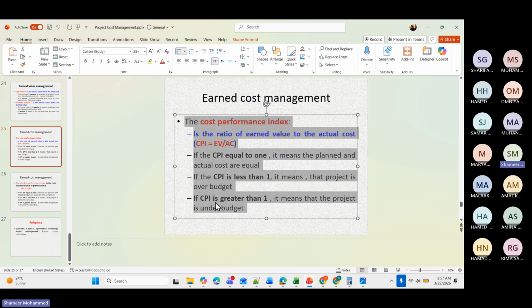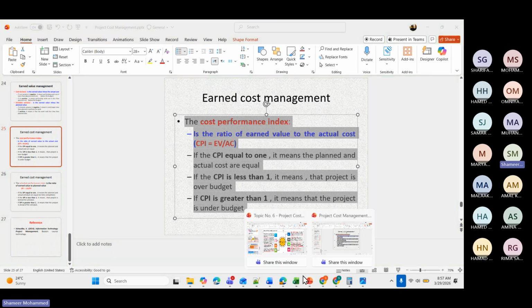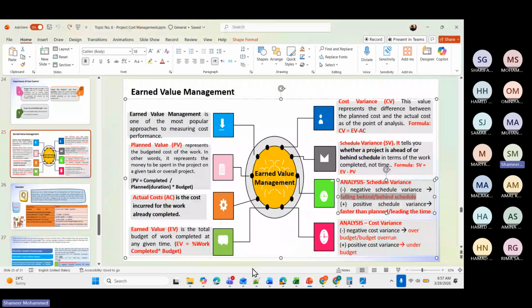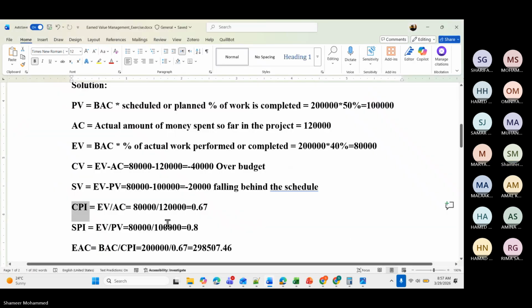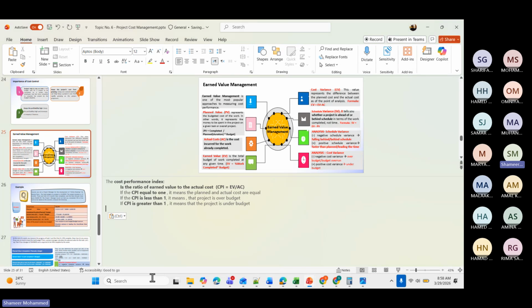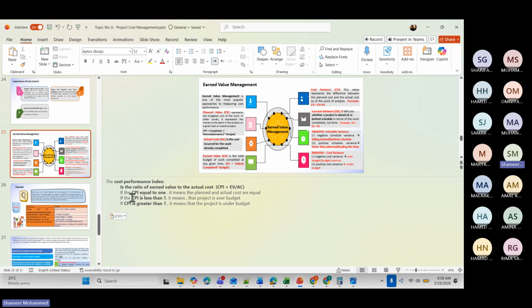If the CPI value is greater than 1, the project is under budget. Now you tell me the status. How much you got here? 0.67. Is it equal to 1 or less than 1? It is less than 1, so the project is over budget.